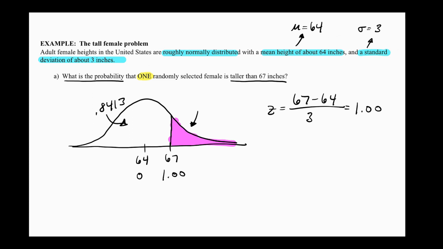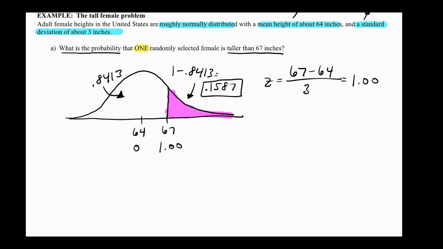That's talking about the big unshaded part. So if I want the shaded part, I subtract. 1 minus 0.8413. There we go. Okay.